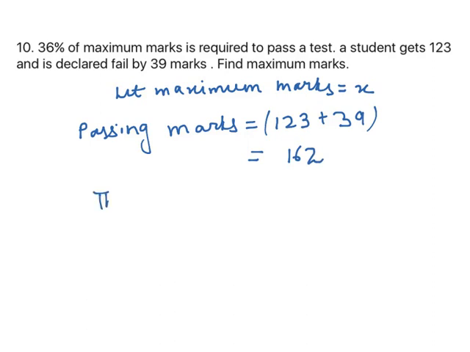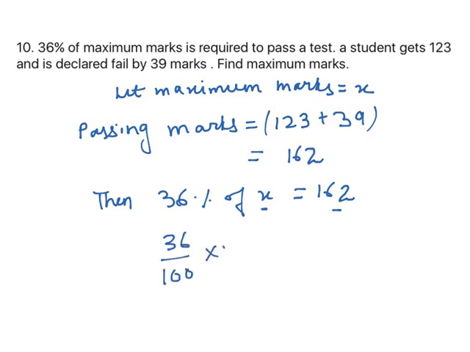So then we know 36% of the maximum marks is 162, because we don't know the maximum marks but we know the passing marks that we need to pass a test, and the 36% is given in percentage form. So 36% of x will be 162.